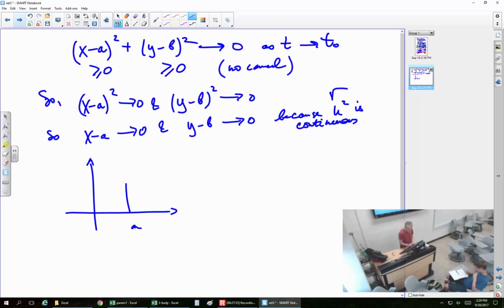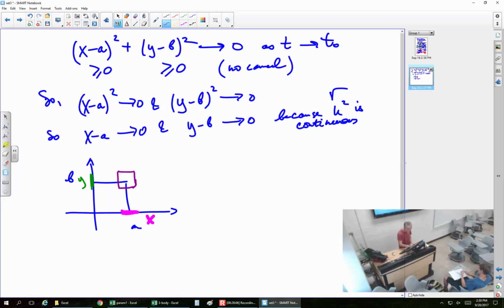So if this is my A and this is my B, then if I split these two, the behavior of x is here somewhere. So that's x going towards A. In the meantime, y is going towards B. If we take this together, then we form some kind of a rectangle. Okay, so that rectangle is getting smaller and smaller.